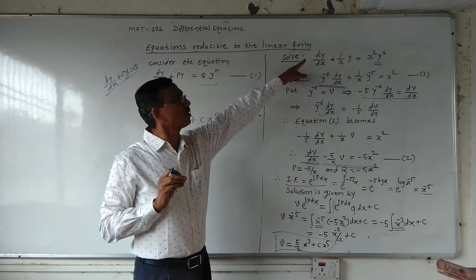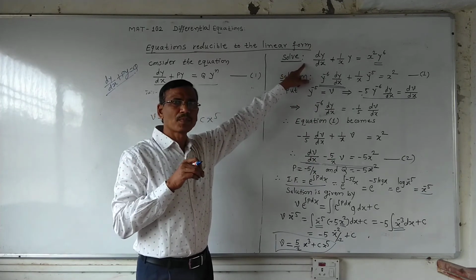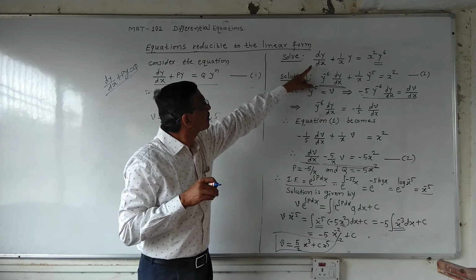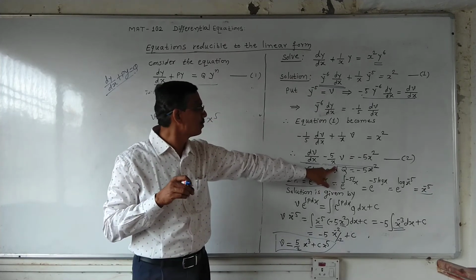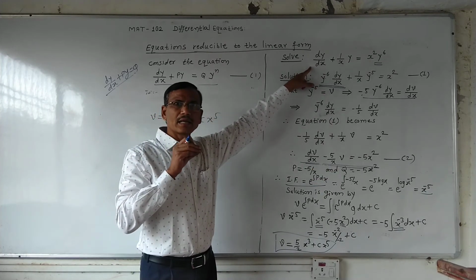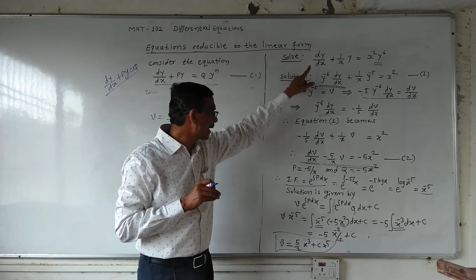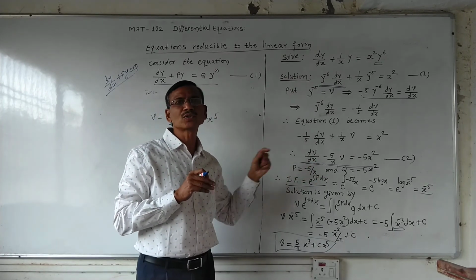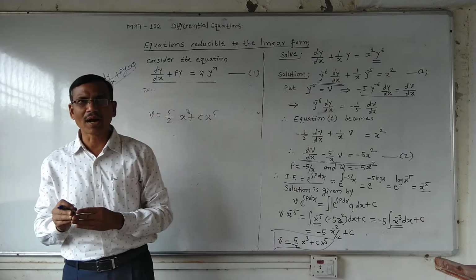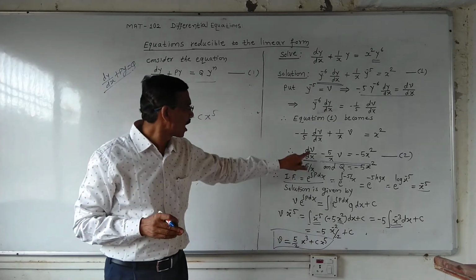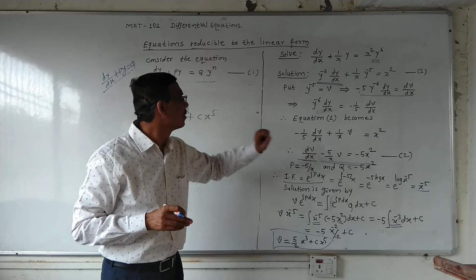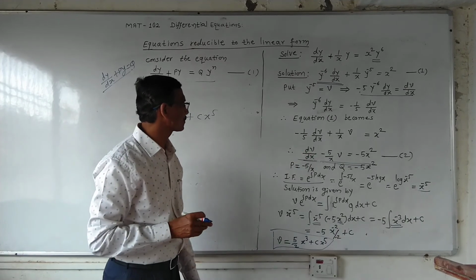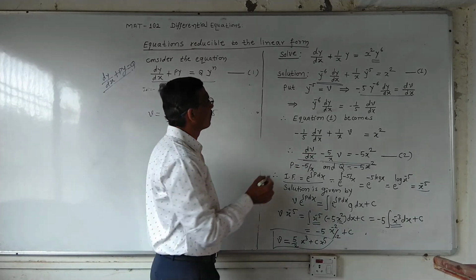But we want the solution of Bernoulli's equation. What is the difference between this Bernoulli's equation and equation 2? It is in variables y and x, and that is in variables v and x. We want the solution in the variables y and x. Therefore, substitute the value of v. What is the value of v? Look here.